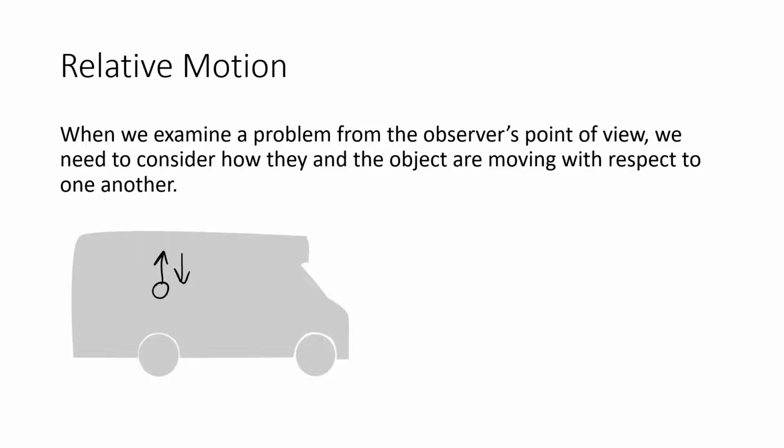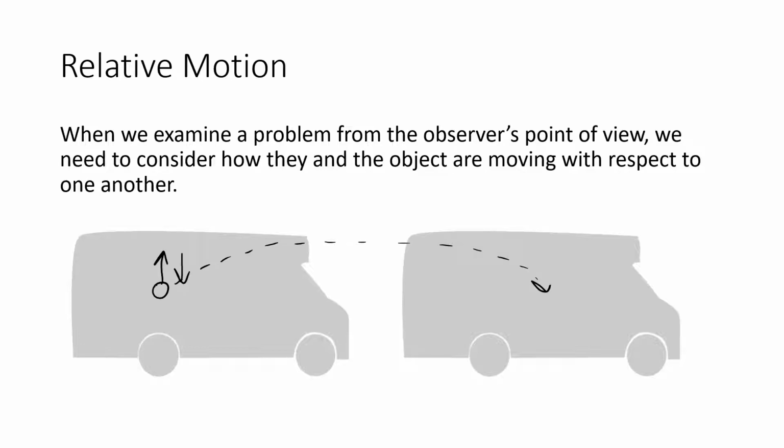But to that observer on the sidewalk, the one that is really at rest, they'll see the bus go by, however quick it's going, and they'll see the kid toss the ball up, and they'll see every moment of that ball's journey. It will sort of make this arc up and then back down.